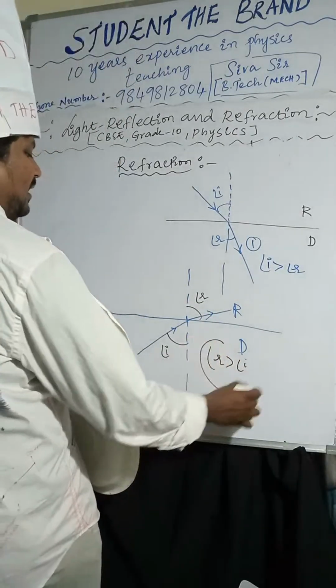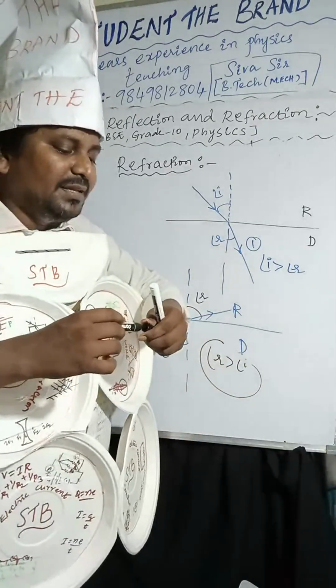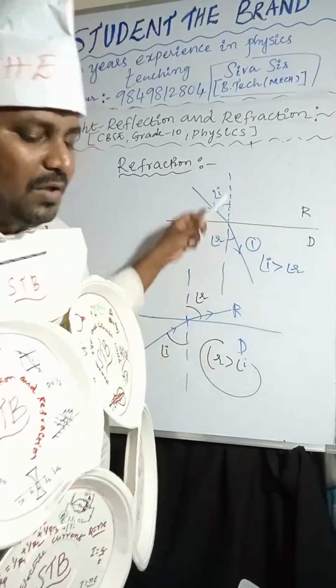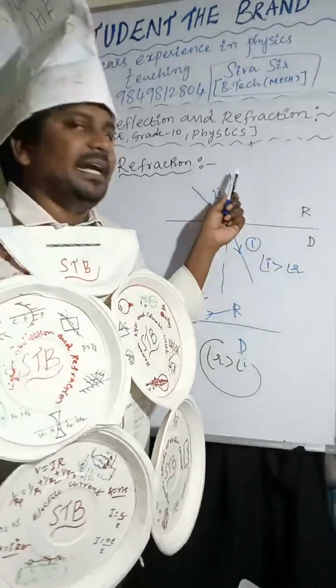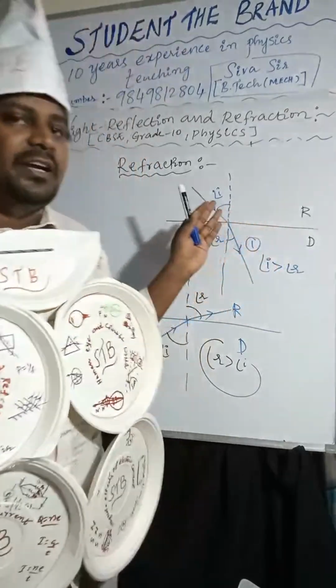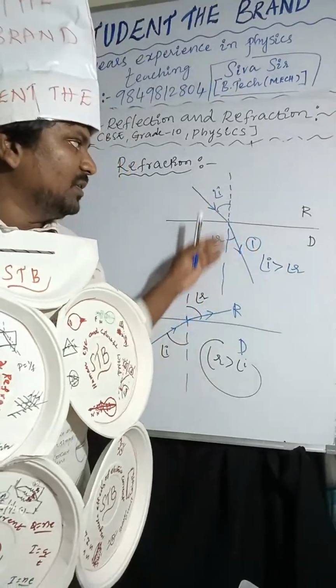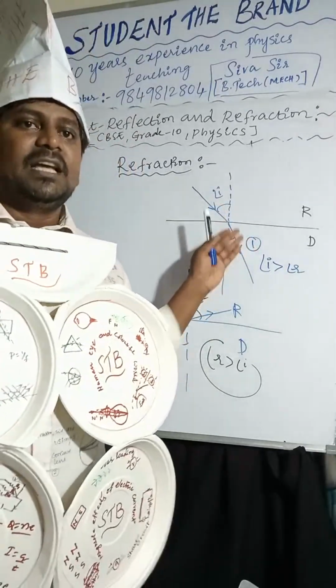So why are we saying this? When the light ray is moving from one medium to another, if it bends towards the normal line, it means speed is decreasing.